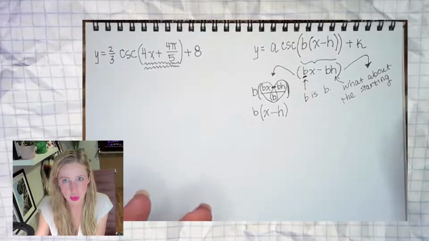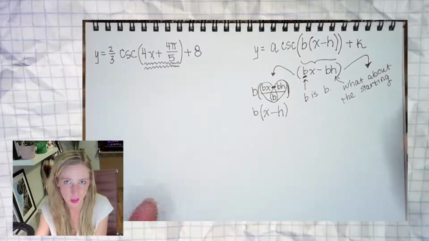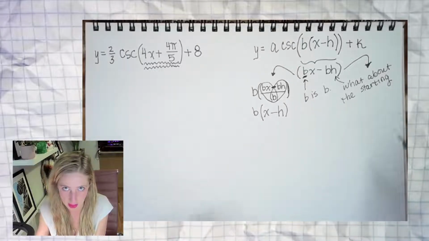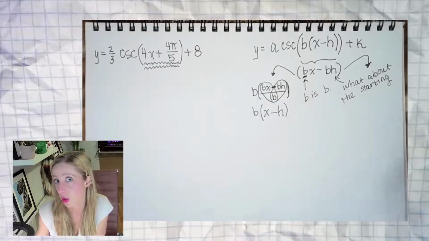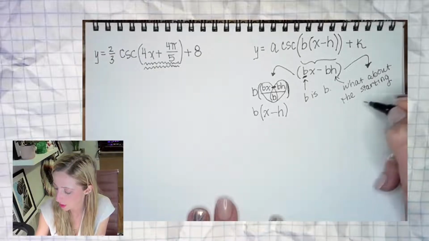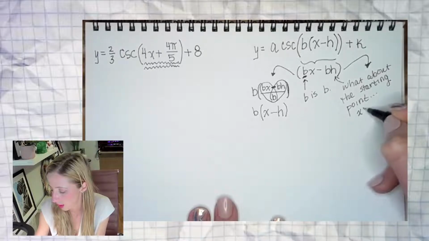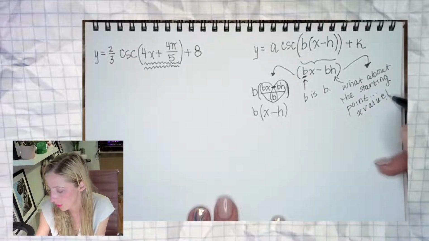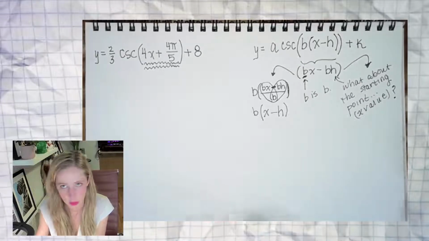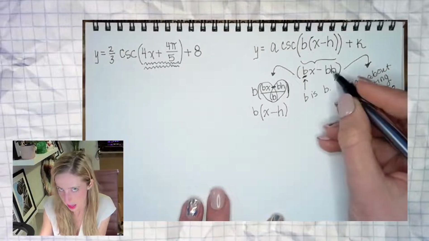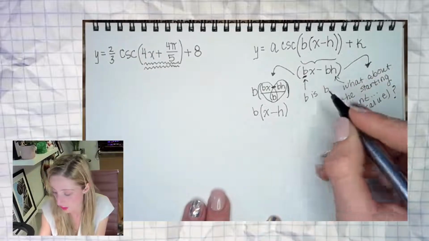Sine starts at the origin and so does tangent, but other functions don't start at 0, 0, right? They start like 0, 1. What about the starting point, or x value? How do we find it? So it's not BH. How do I know what H specifically is?